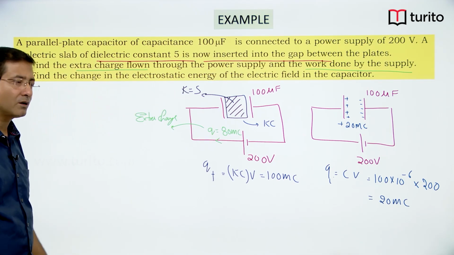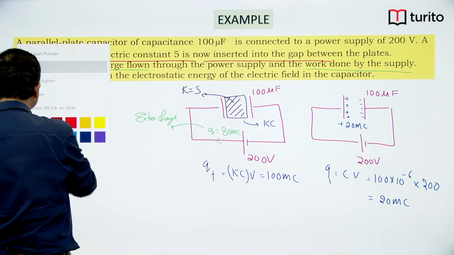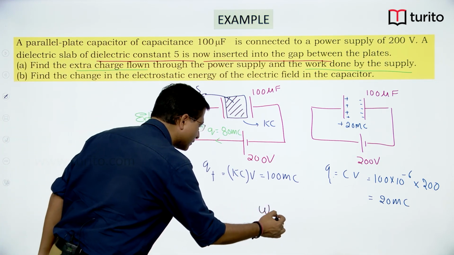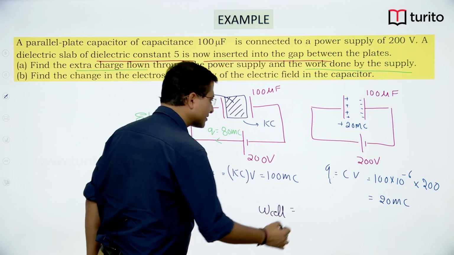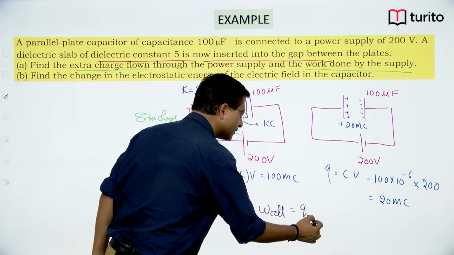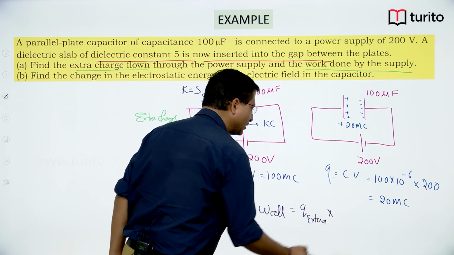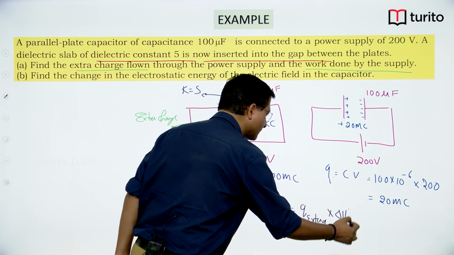Now we want to calculate the work done by the supply. So work done by the supply, work done by the cell, is extra charge delivered into potential difference.